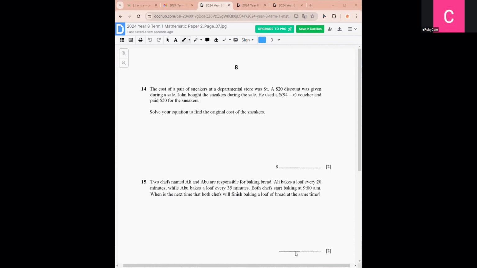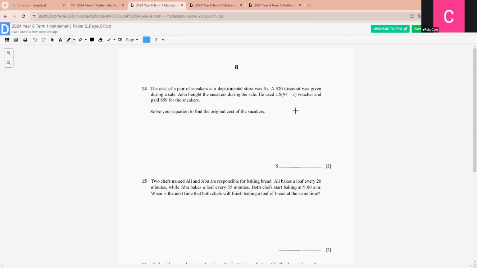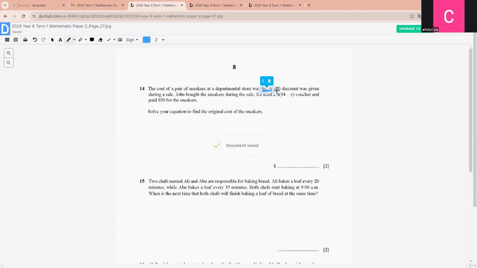Question 14. The cost of a pair of sneakers at a department store was X dollars. A $20 discount was given during the sale. John bought the sneakers during the sale. He used a 94 minus X dollar voucher and paid $50 for the sneakers.